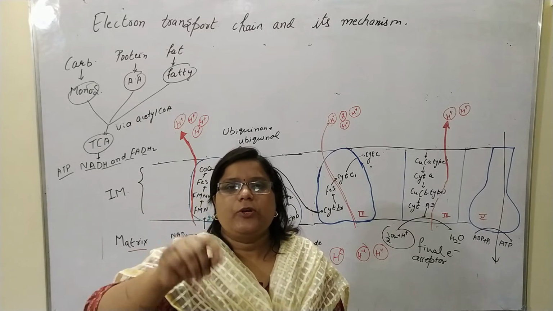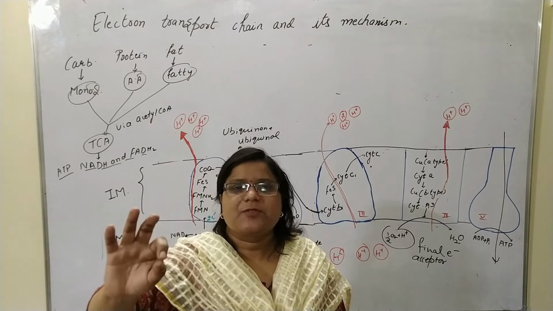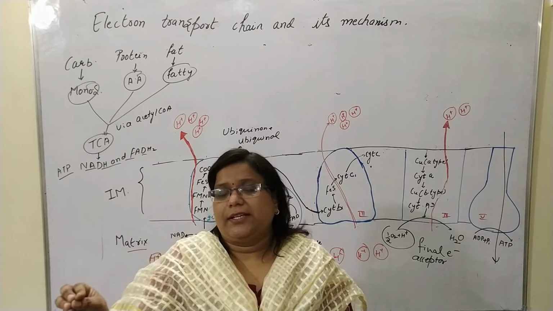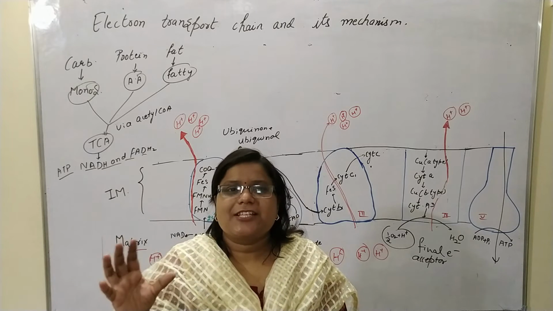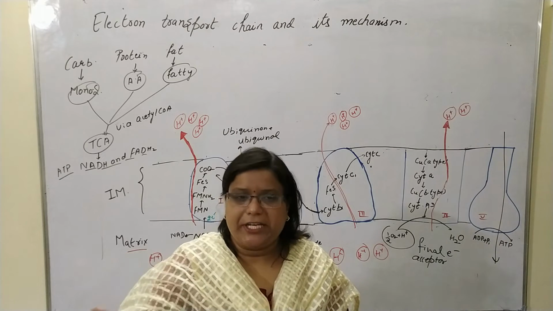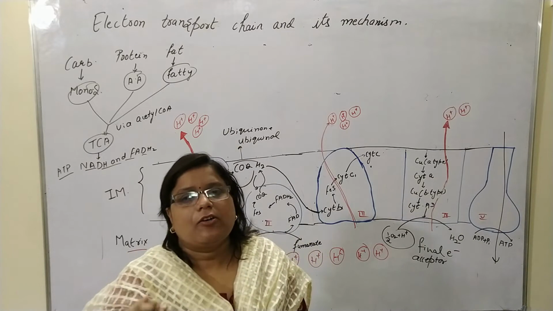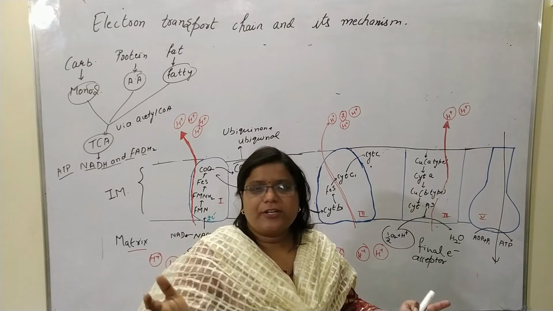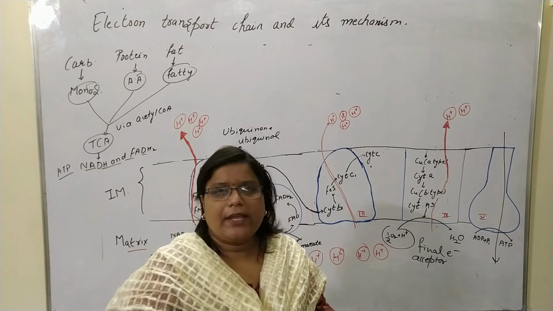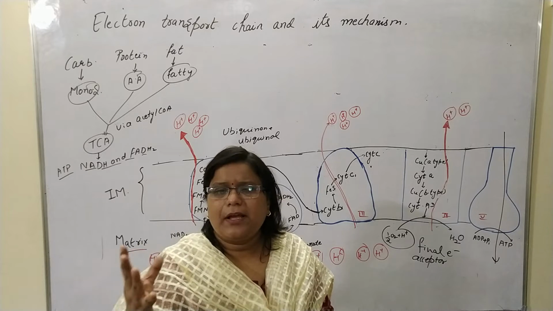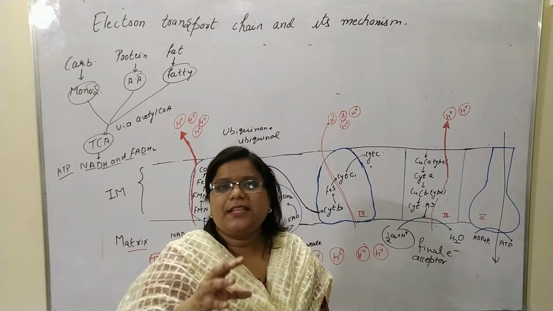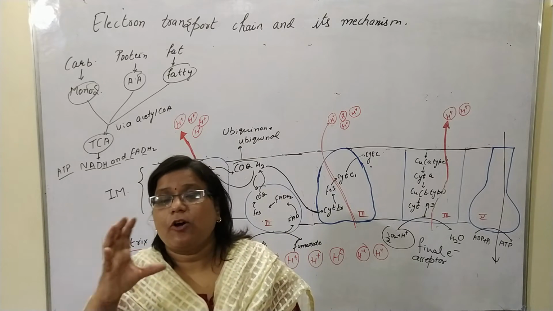That calculation you can do only if the electron transport chain proceeds. So the electron transport chain is just for the conversion of NADH and FADH2 into ATP form. That's all.